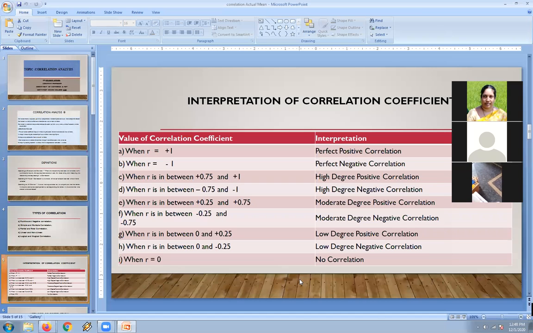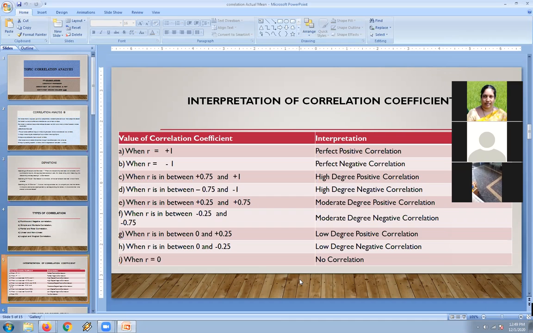If R is equal to +1, what does it indicate? It is called perfect positive correlation. When we get a negative value, R exactly -1, it is called perfect negative correlation. If exact +1, perfect positive correlation. If exact -1, perfect negative correlation.